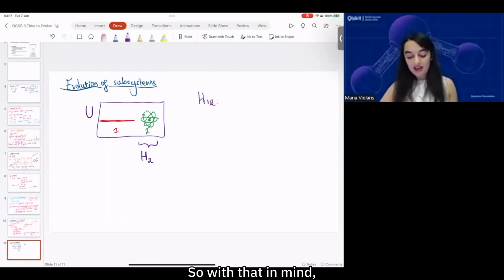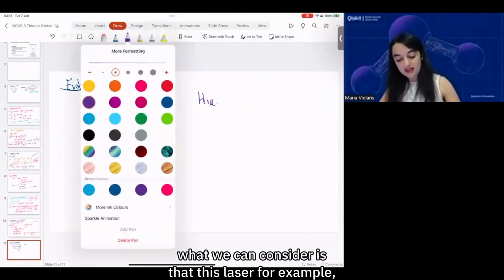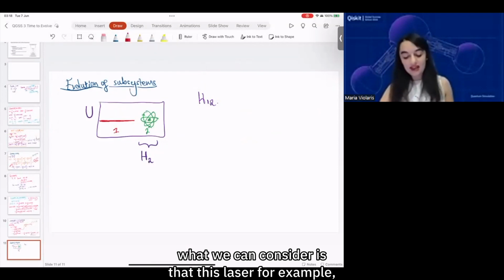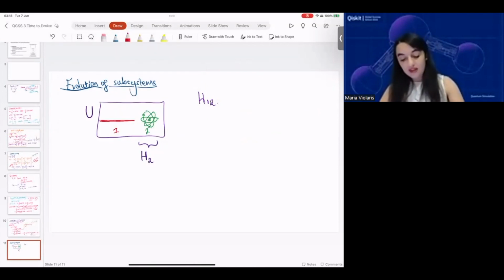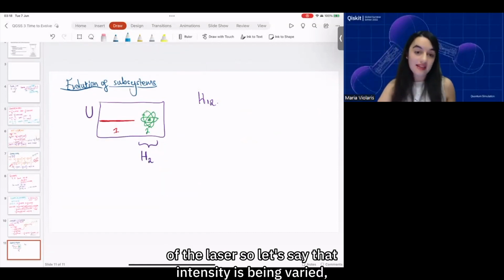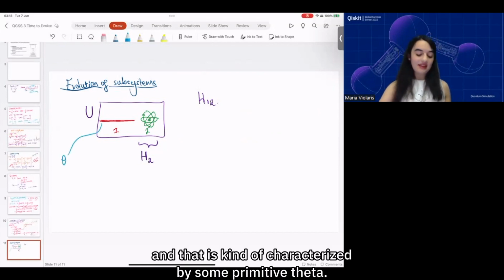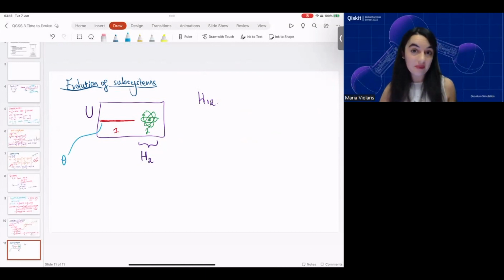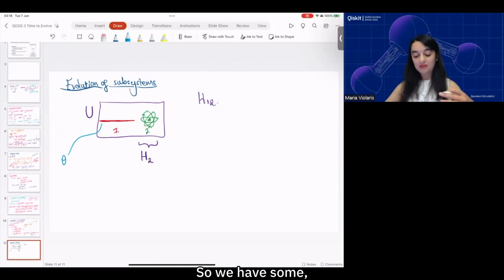With that in mind, what we can consider is that this laser, for example, the person controlling it might want to vary the intensity of the laser. So let's say that that intensity is being varied, and that is characterized by some parameter theta.